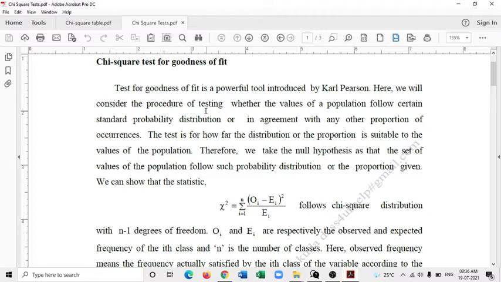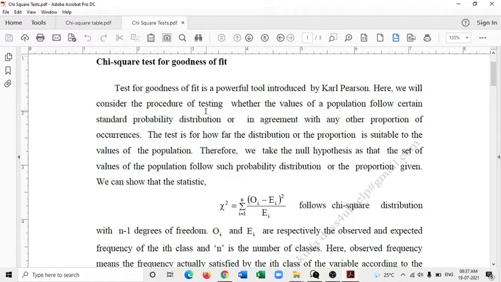Here, the null hypothesis is that the population is in agreement with the distribution or the proportion proposed. Therefore, if the null hypothesis is true, the Oi's and Ei's will coincide with each other, and the value of chi-square will be 0.